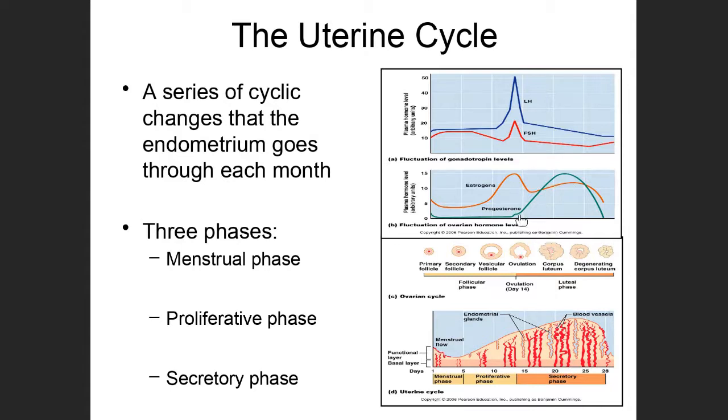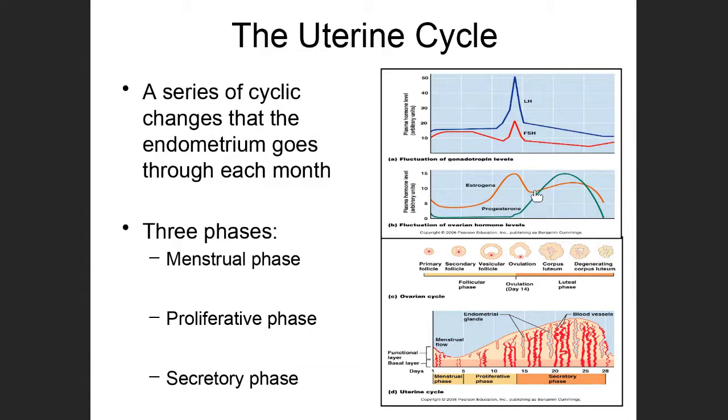It's also producing progesterone, so we see progesterone being produced in this cycle, and estrogen and progesterone together help to build up, again, this endometrium, the inner lining of the uterus, but they also help to maintain it. So we see some buildup going on, but some maintenance of these two hormones as well.